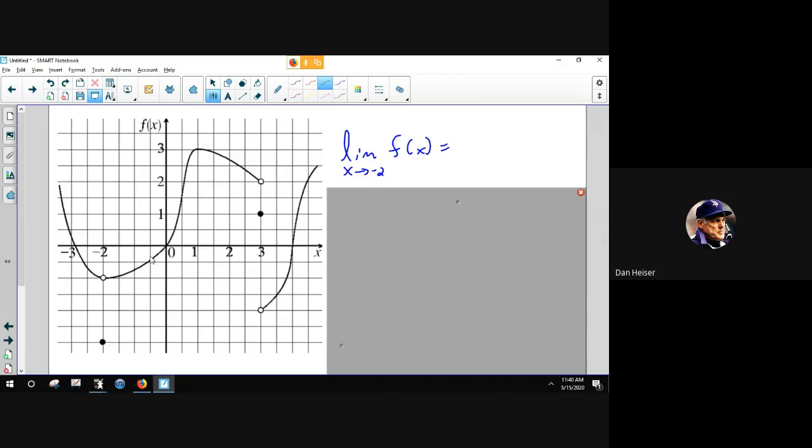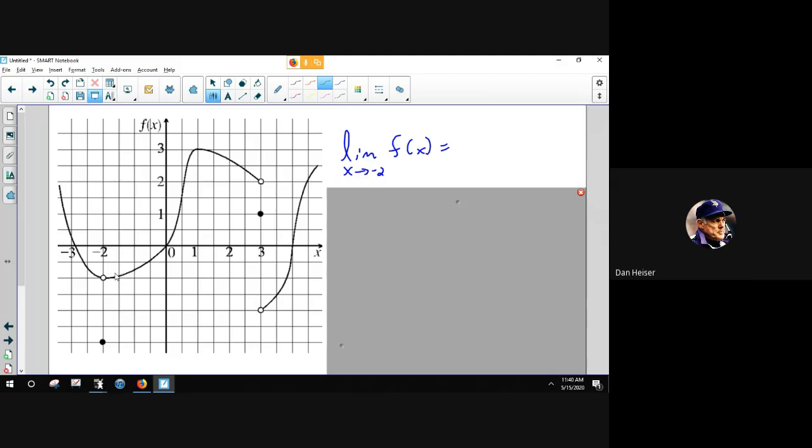As we get closer and closer to x equals -2, y is getting closer and closer to -1. Even though when x equals -2, y equals this number way down here. That's the function value. We don't care.